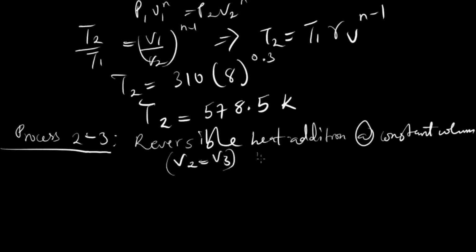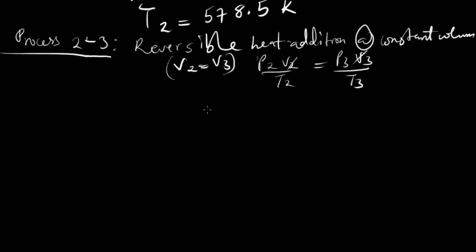So from the general gas law, P2 V2 over T2 is equal to P3 V3 over T3. Okay, V2 cancels, I have this. So still here we don't have pressure, so we aren't going to use this. So we go to the next process.